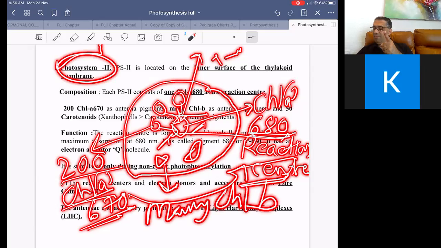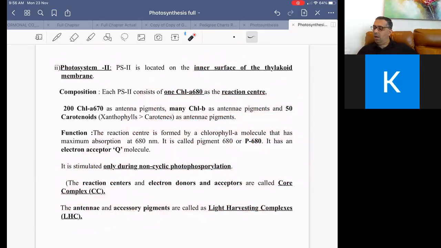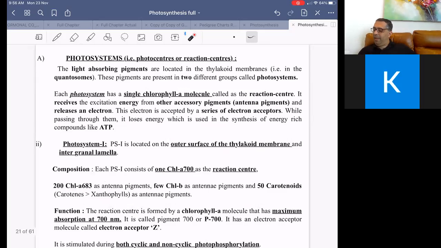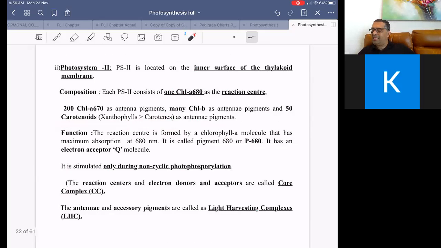But golden words, in PS2, the carotenoid में xanthophylls are greater than carotene. If you remember, in PS1, there were carotenes greater than xanthophylls. In PS2, there are xanthophylls greater than carotene.